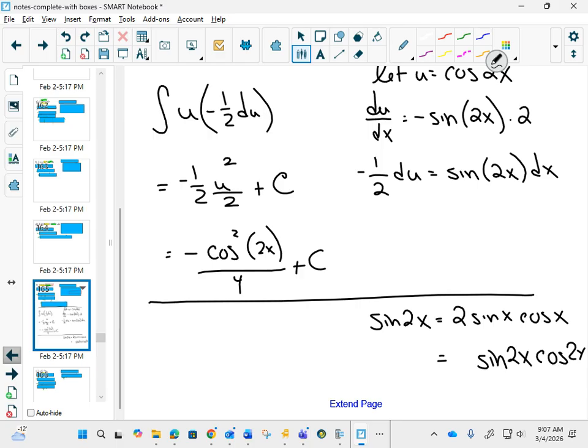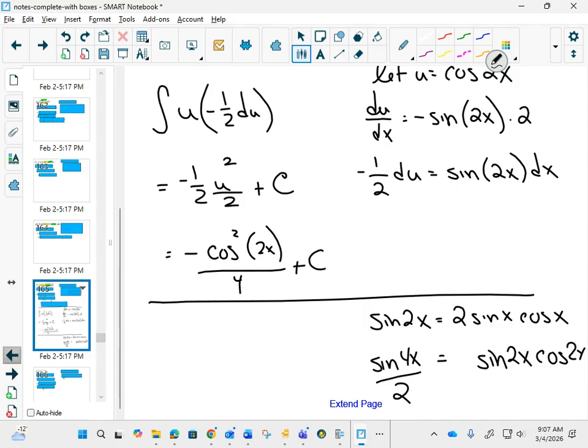What would that be equal to? Can you see that if you had sine 2 times 2x inside, this would be sine 4x, but I would need a 2 out in front. I don't have that 2 out in front, so I could put it on this side as divided by 2.